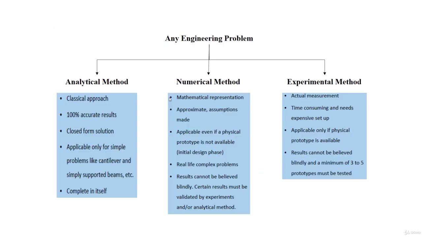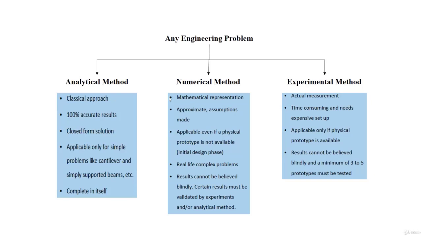Then, what are the major ways in which any engineering problem can be solved? Any engineering problem can be solved in three ways: the analytical method, the numerical method, and the experimental method. The analytical method is a classical approach where we use theories, such as the theory of elasticity, theory of plasticity and others, to solve the problem.